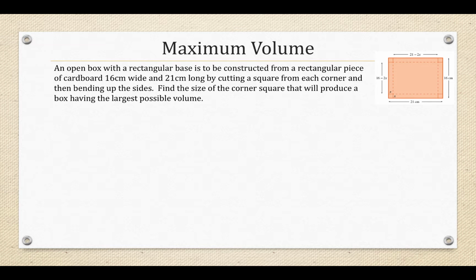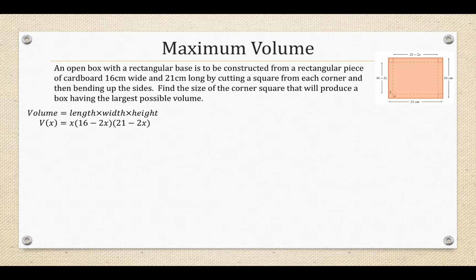Now, because we're finding the volume, we need to establish what the volume of this box would be. So if we're doing length times width times height, we have our height, which is our x, multiplied by 16 minus 2x multiplied by 21 minus 2x.